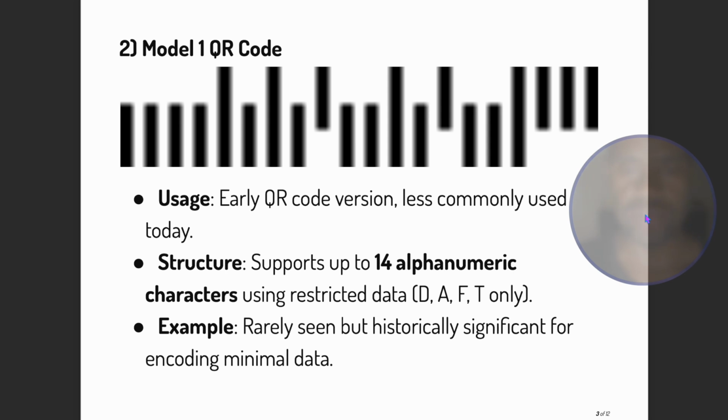It supports up to 14 alphanumeric characters, and it's restricted to the alphanumeric set only. It was encoding minimal data. That's where things were starting. We evolved, but it's still there in the history.